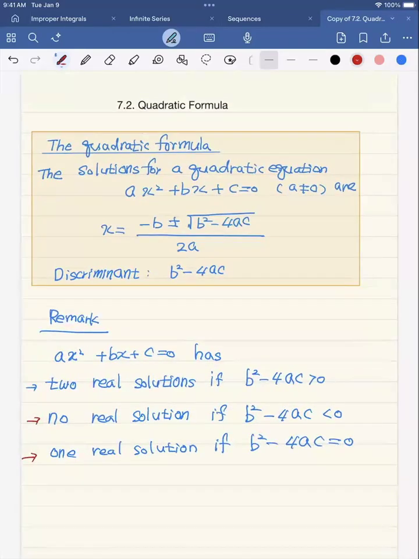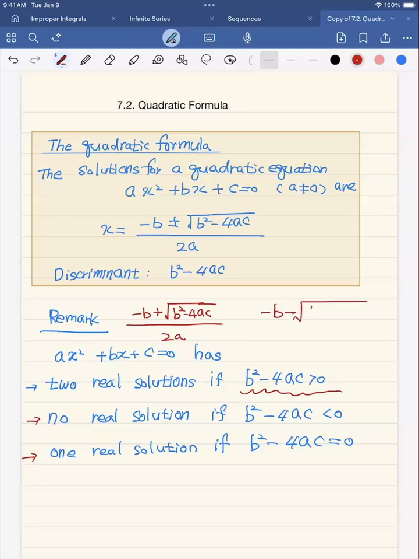When it has two real solutions, b squared minus 4ac is greater than 0, because in that case, this will produce minus b plus square root of b squared minus 4ac over 2a, and minus b minus square root of b squared minus 4ac over 2a.